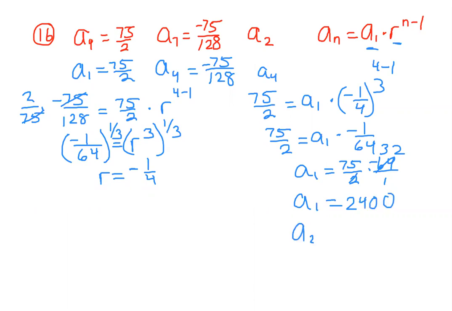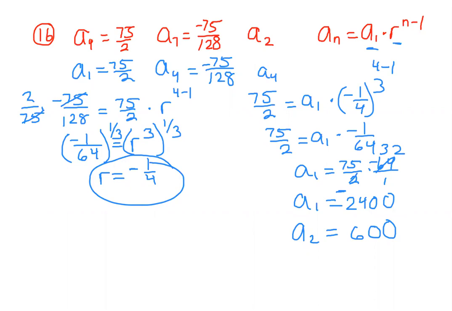So a2 is just going to be that times negative a fourth, which is negative 600. This one should have been negative. So a2 is negative 600. Okay, there's different ways you could do this. I'm sure that would be a little bit simpler. I think I might have made that harder than it is, but it worked.